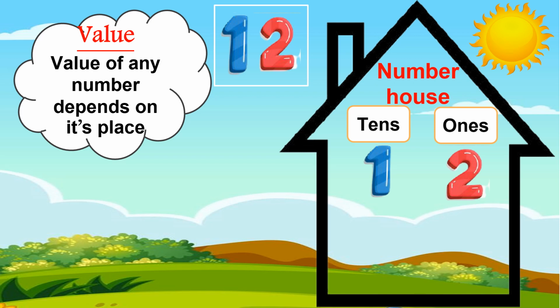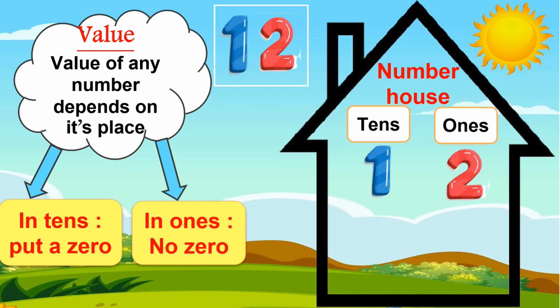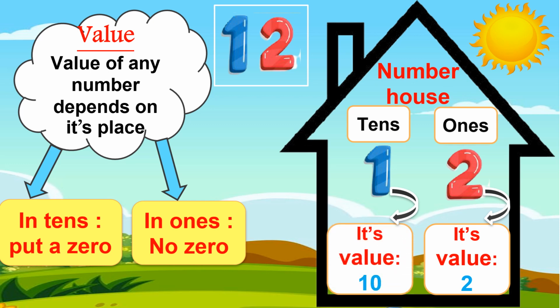Tens take only one 0. Ones don't take any 0. So the value of ones is 2. The value of tens, I will put only one 0, so the number will be 10.